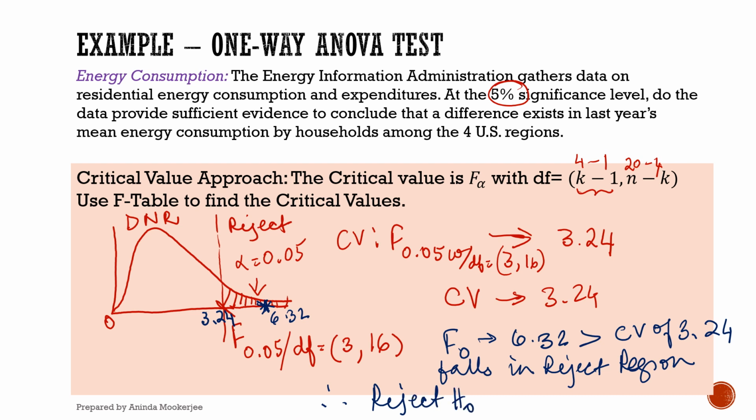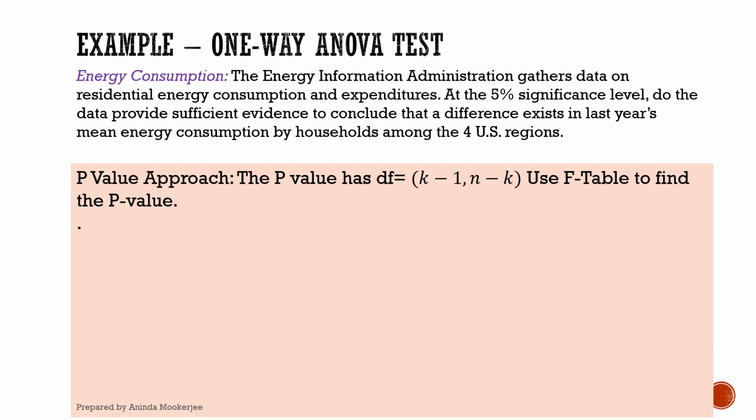Now let's do the same test using the p-value approach and see whether we get to the same decision. I'm going to first draw our diagram here for the p-value approach.